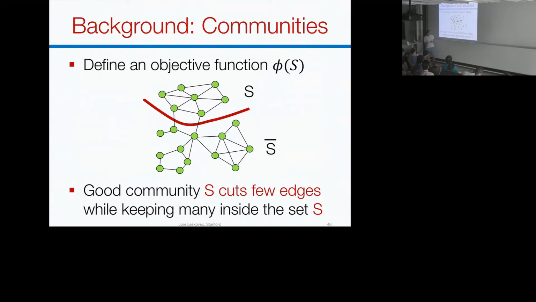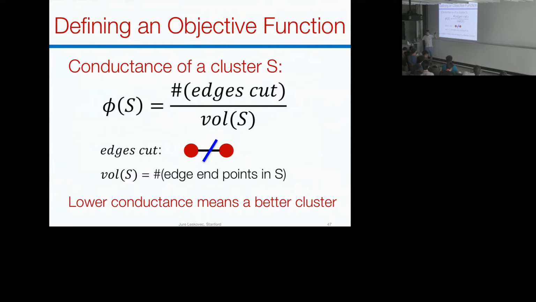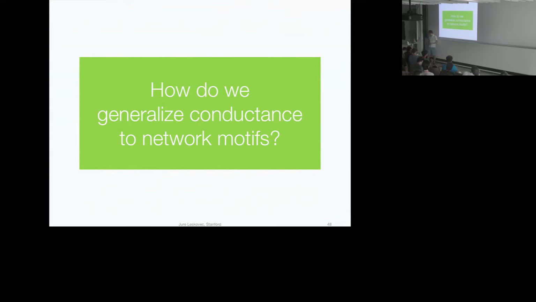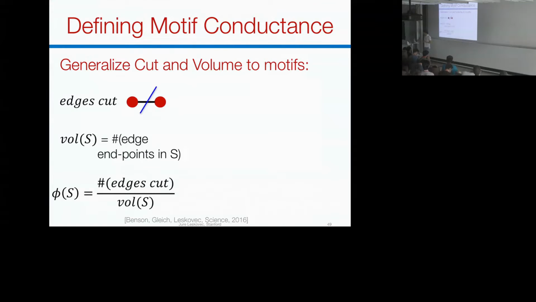If I go back, the sum of the degrees in S is twice the number of edges, because every edge has 2 endpoints, so I count this endpoint here, and I count it there, plus the number of edges pointing outside. Okay, so essentially it's how much stuff is inside the cluster. Okay, and now I can go and try to find this. So this is now for edges, but we don't want edges. We want these motifs. So the question is, how do I take this thing I just showed and generalize it to network motifs?